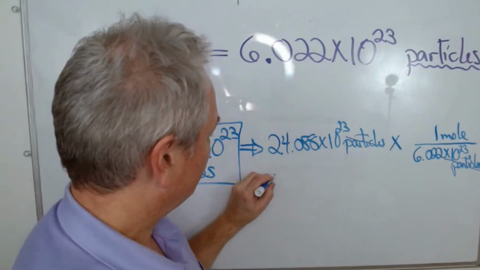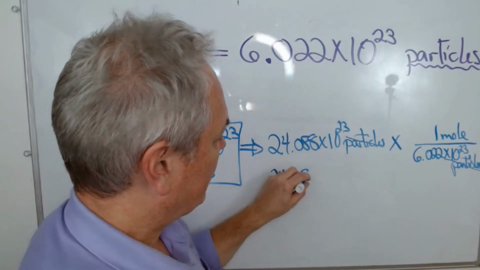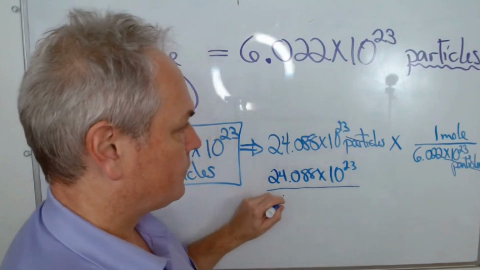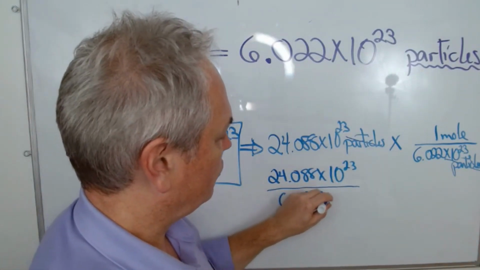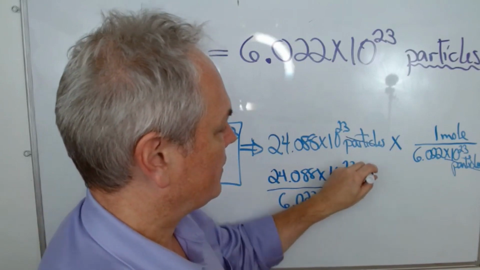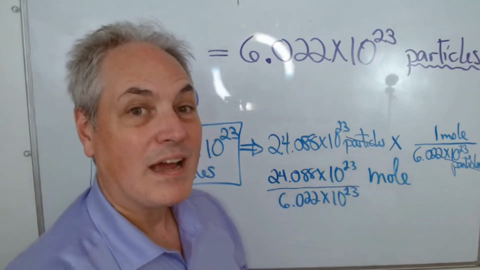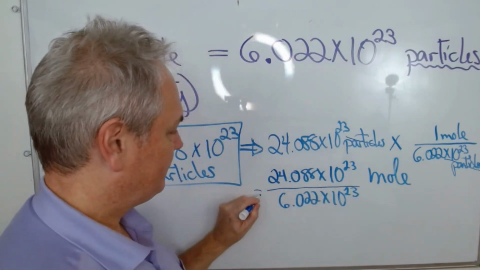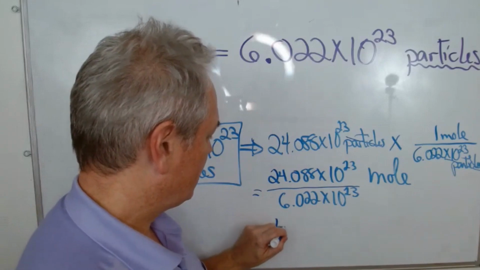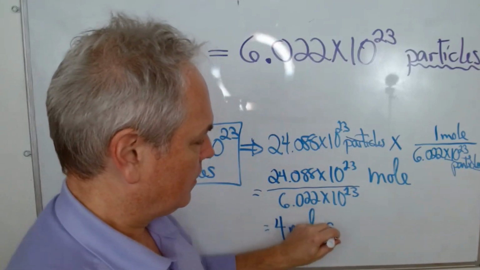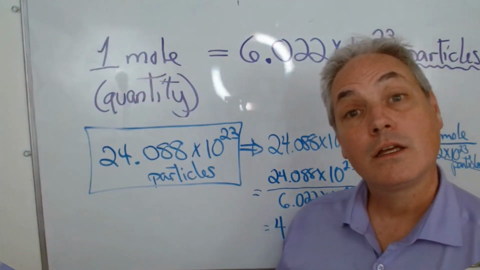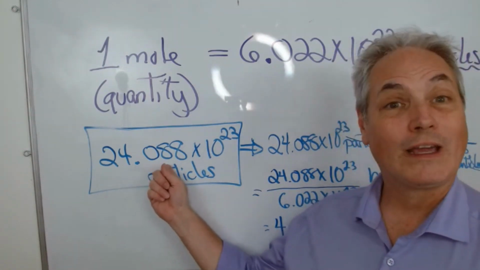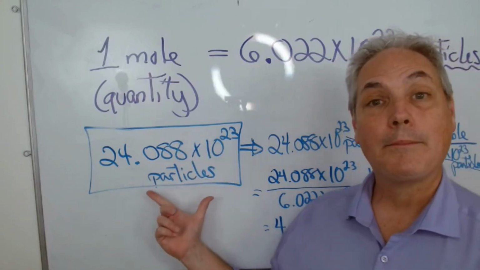So here I have 24.088 times 10 to the power of 23 over 6.022 times 10 to the 23. My unit is mole, and therefore, when I divide this fraction, I end up with 4 moles. So what do we have here? 4 moles are 24.088 times 10 to the power of 23 particles.